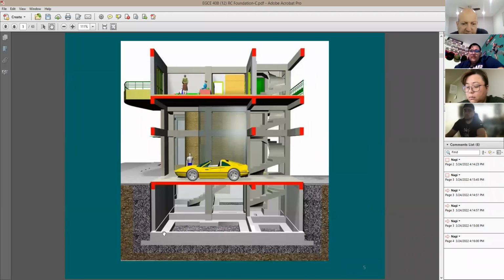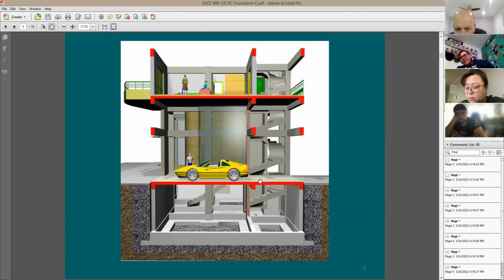Another picture here shows you a section through a building. Sometimes we have a basement. And in this case, you have the load coming from here going all the way down. And you don't just add the load coming from the roof and the top levels, because once you go down here, you need to add the basement load coming from the first floor, or the ground floor, if you like to call it this way.